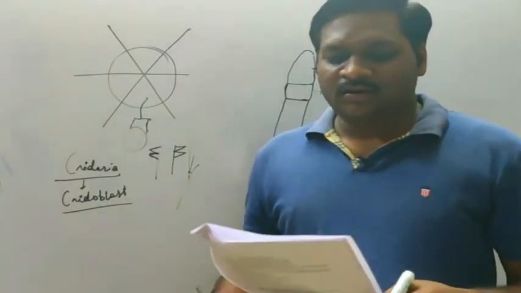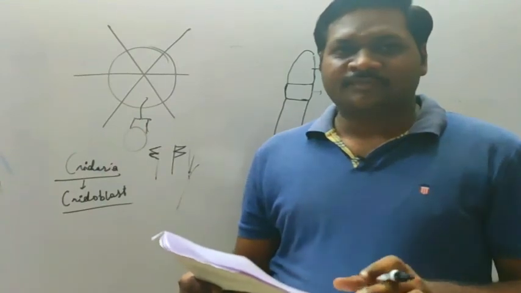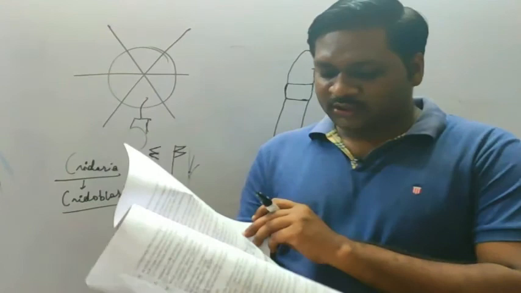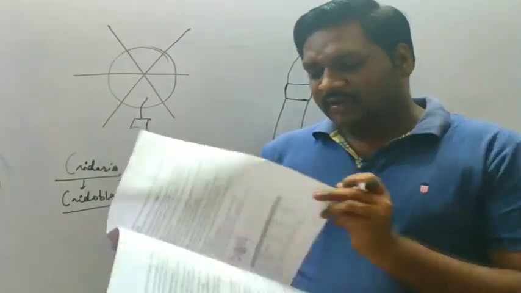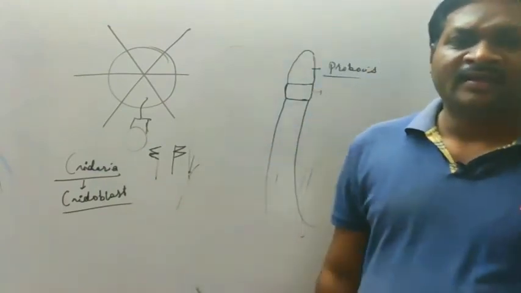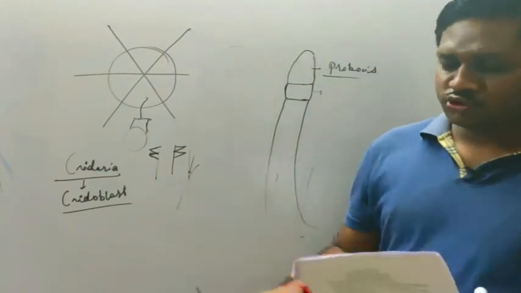All of these characters except herbivory belong to the centipede. Herbivory is the characteristic feature of the millipede, and they don't have poisonous fangs.